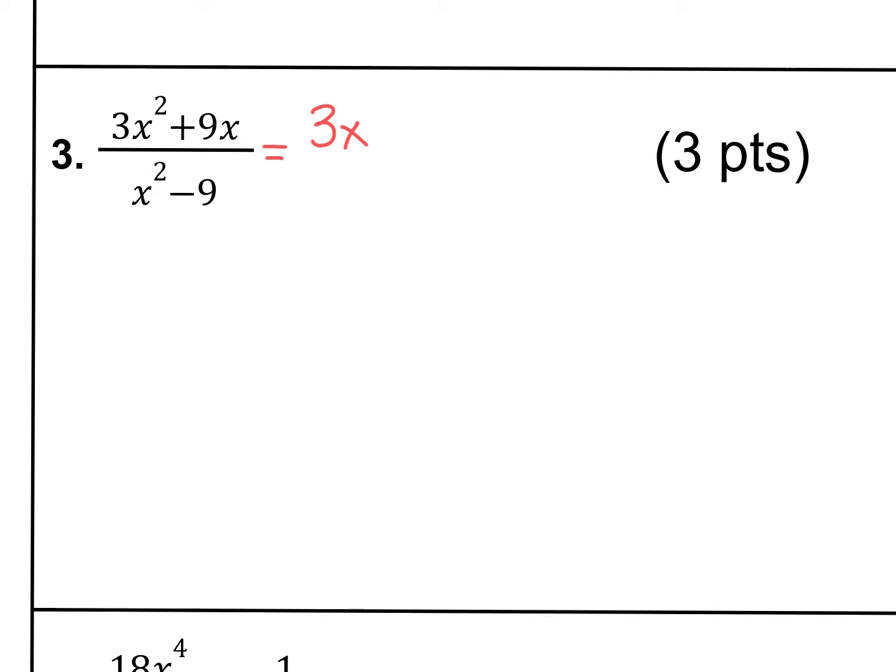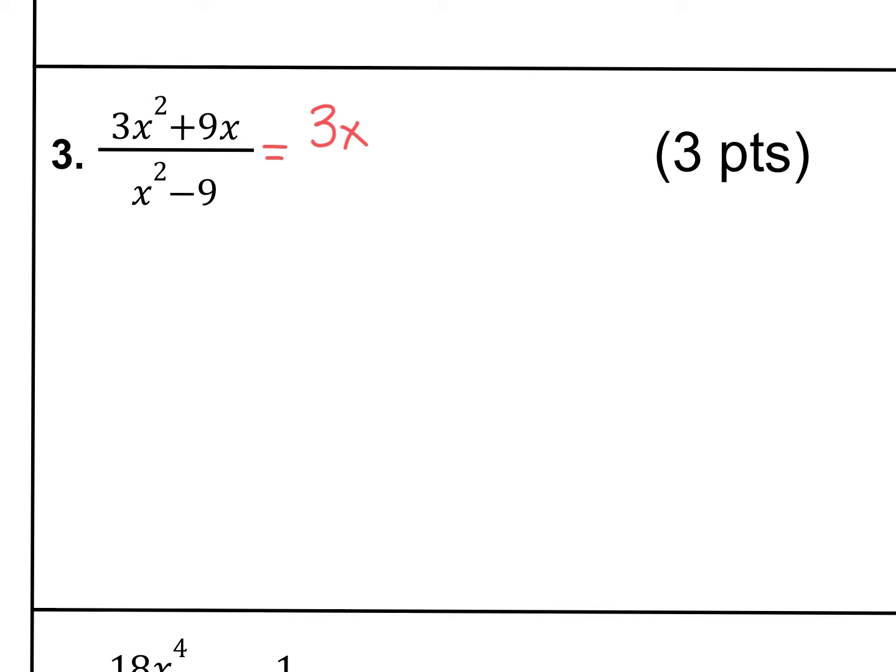Here's the big thing on this one. Don't automatically see that this is two terms in a square here and think it's difference of squares. Why isn't that top part difference of squares? It's a plus sign, right? That's a good part. And then also, there's an x right here. So we've got to take that GCF out first.